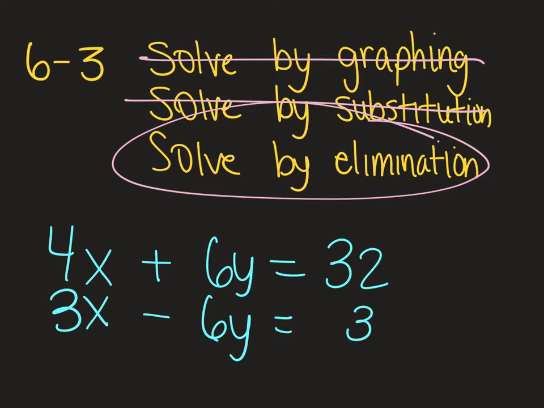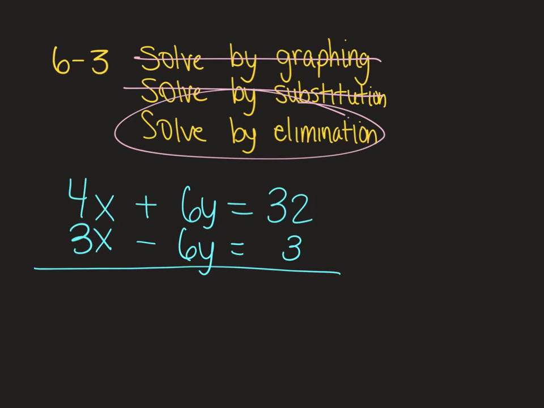So you are going to notice that the book has created questions where one variable, maybe the x's or maybe the y's, will have the same number but opposite signs. Same number but opposite signs. So if I were to take this question and add or subtract, combine like terms, 4 x's and 3 x's would make 7x.